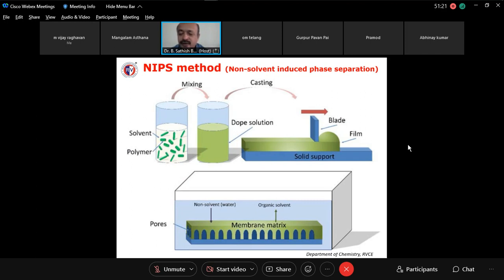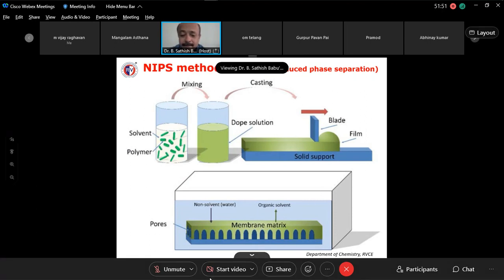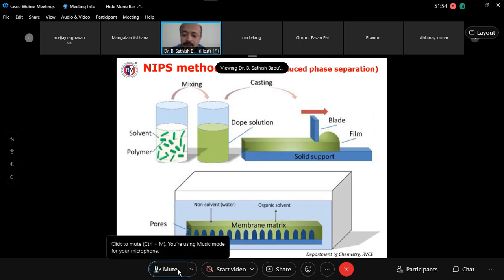That polymeric membrane will be peeled off from the glass surface, and also the solvent molecules which are trapped inside this polymeric membrane will mix with water and they will come out. So during this process they will form the pores. And this membrane can be used as the polymeric membrane in water technology or desalination of water. Okay, have you understood this? Are you able to write if it is asked in the exam? Yes, sir. Sure. Yes. Okay.